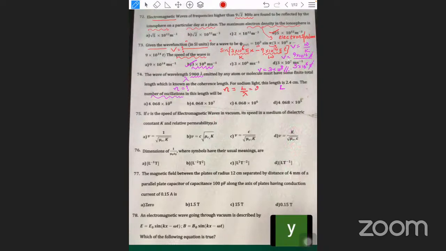What is length? 2.4 centimeters. Centimeter means 10 power minus 2. Lambda is 5,900 angstrom, 10 power minus 10.